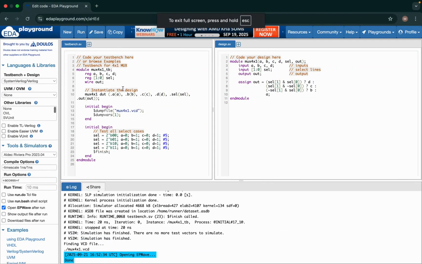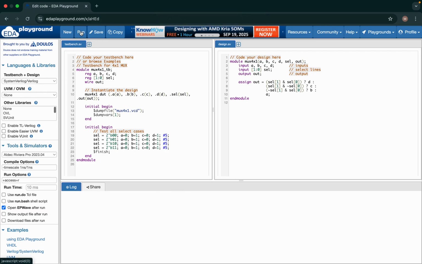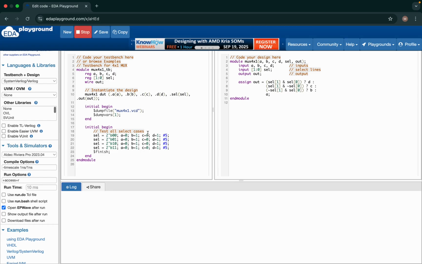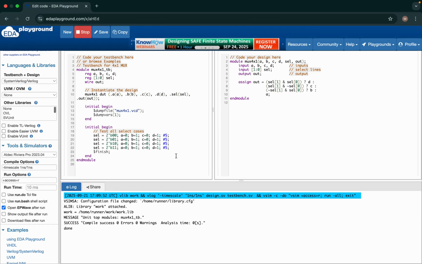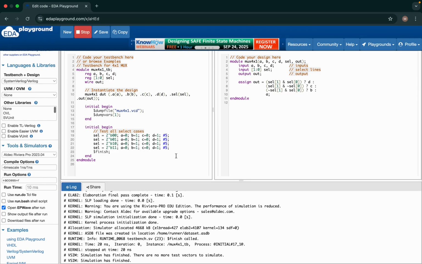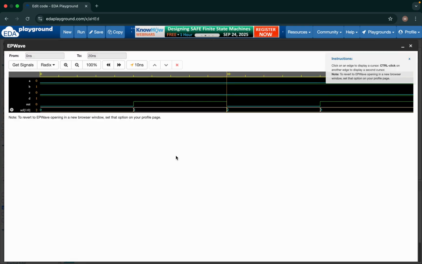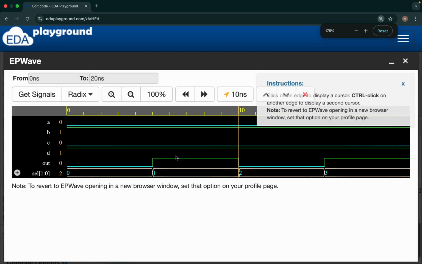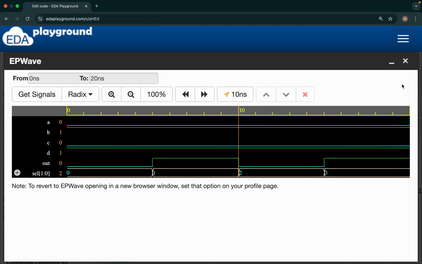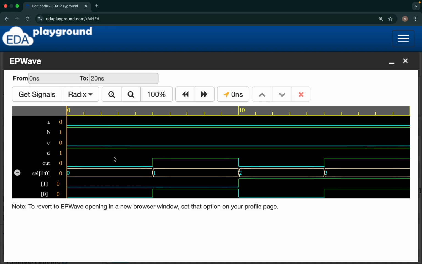Now we can see here is the testbench code and here is the design code. I will run it. Now here we can see the two select lines, 1 and 0.